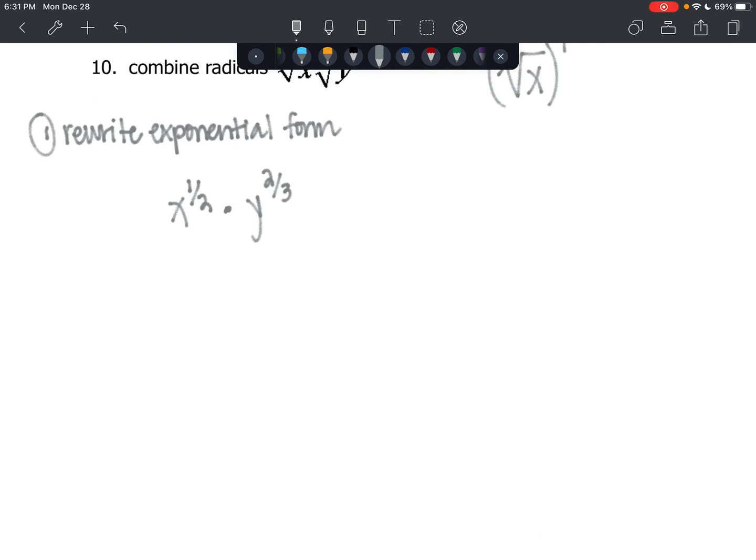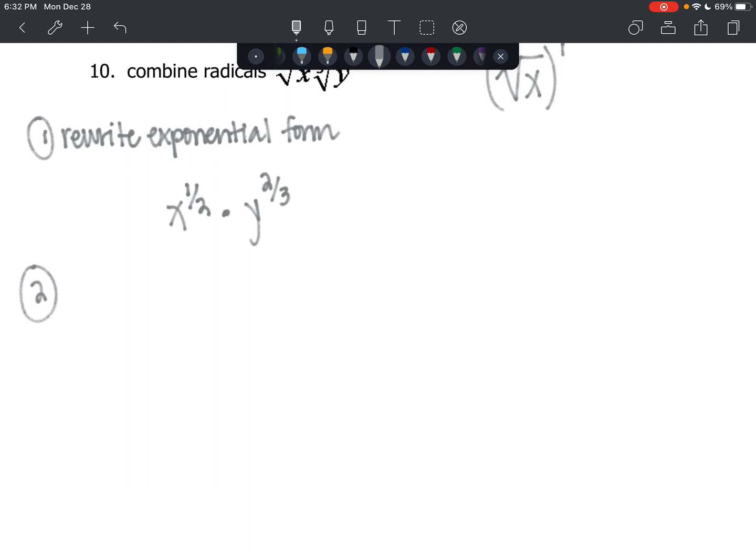Now, in order to write this under the same radical, to combine those radicals, we need to get the same denominator. So we want a common denominator. Well, we all know the common denominator between 2 and 3 is 6. So x to the 3/6, y to the 4/6.